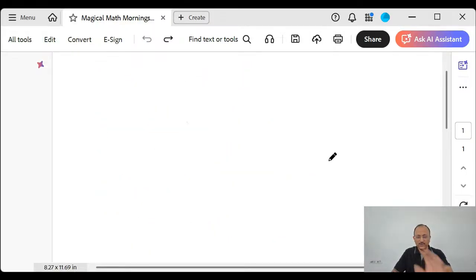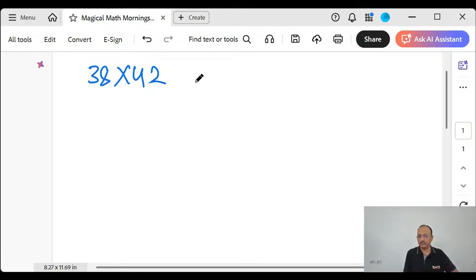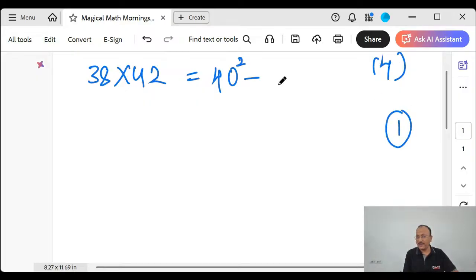Let's extend this one a little bit. Suppose the difference is 4. For example, you want to multiply 38 into 42. Now the difference is 4, not 2. What we have to do here: the middle number we take, that is 40 square, but instead of subtracting 1, I am subtracting 4. Why 4? I will tell at the end.